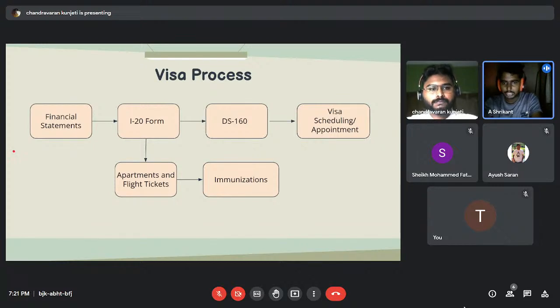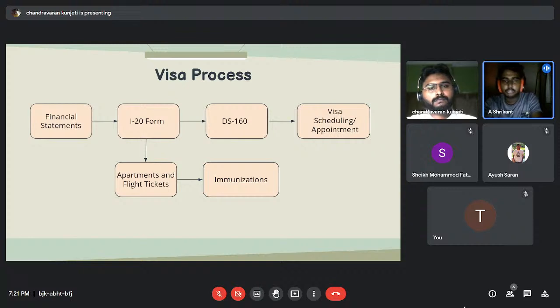So you check the class start date, go 1 month before, and try to book a date after that. It's recommended to book flights as early as possible because the prices fluctuate very much. And now we'll come back to the DS-160 part, the visa part.